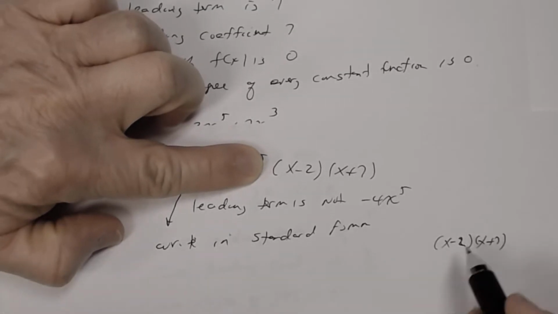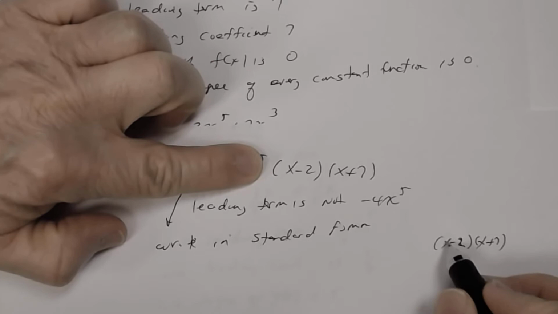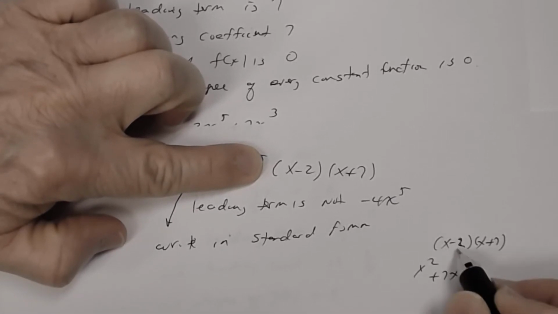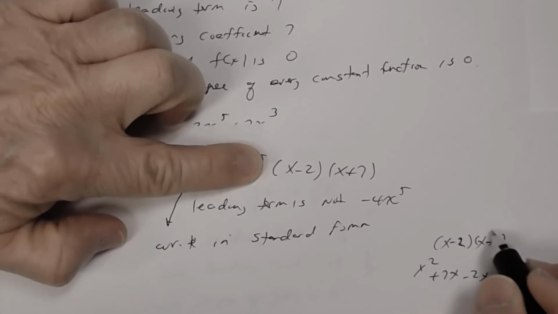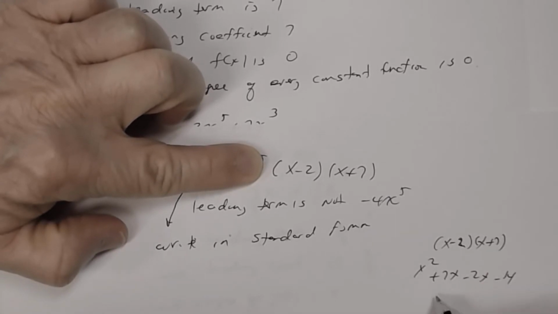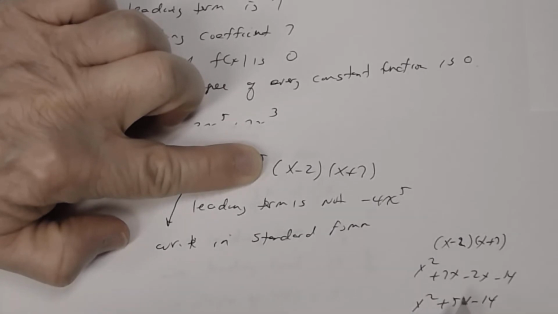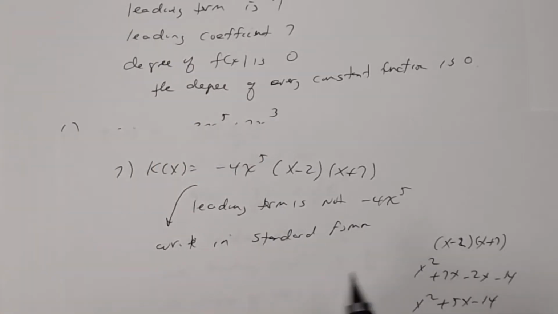Remember FOIL, x times x is x squared, the outer is 7x, the inner is negative 2x, and the last is negative 14. Combining like terms, I get x squared plus 5x minus 14. So that's just this, okay? But that trinomial is being multiplied by this. All right, so we get this.